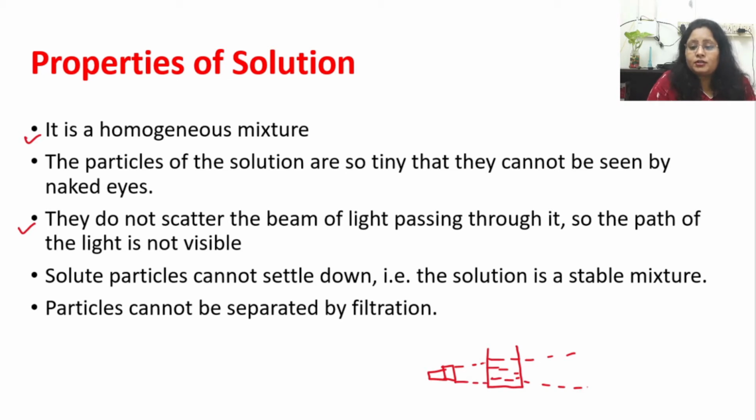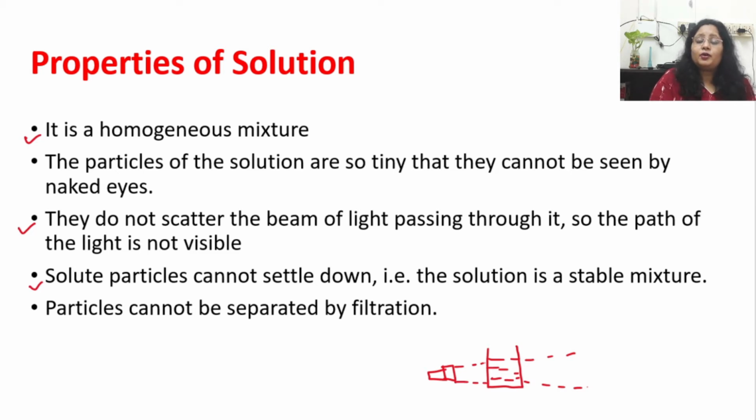We cannot see a distinct light that is giving the path of the light. Why? Because the particles are so tiny that they are not able to scatter the light, so the path of the light will not be visible.